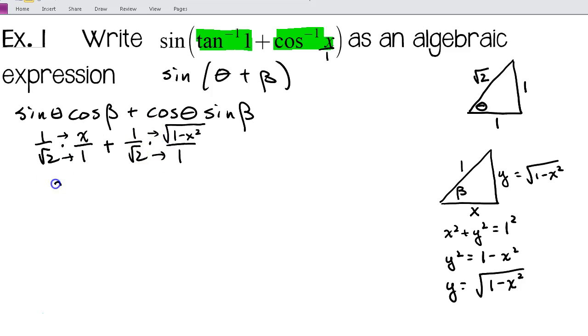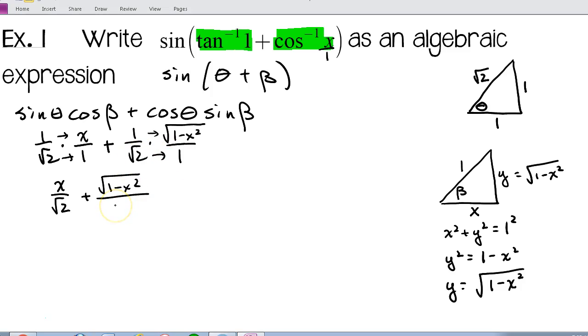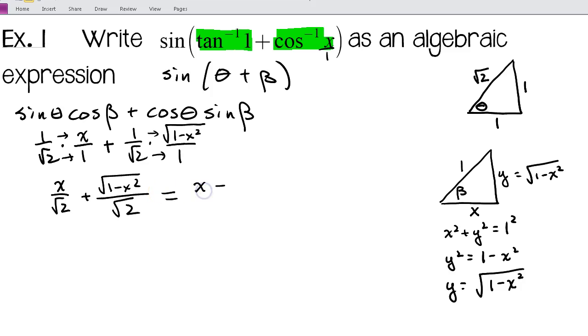Then we'll simplify by multiplying across. 1 times x is x, root 2 times 1 is root 2. Over here, 1 times the square root of 1 minus x squared is the square root of 1 minus x squared, and root 2 times 1 is root 2. I already have a common denominator, so I can simply add those: x plus the square root of 1 minus x squared, over root 2.